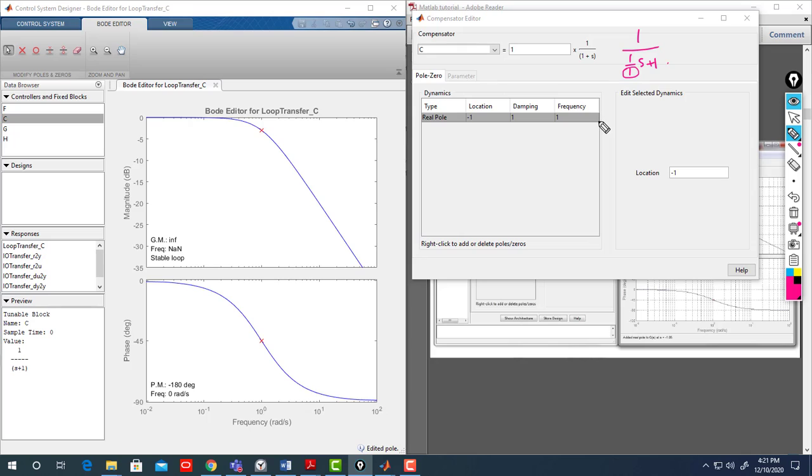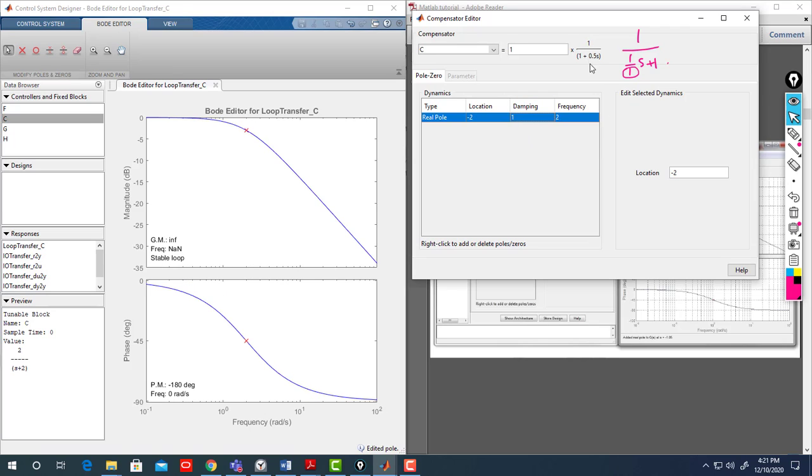Alright? So if you want a crossover frequency at 2, for example, if I put it at 2, then it's going to be 0.5 s. If I want to put it at 2, you see this 1 becomes 2.